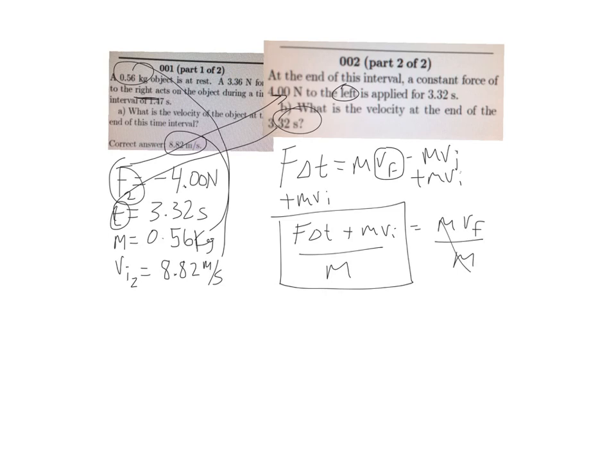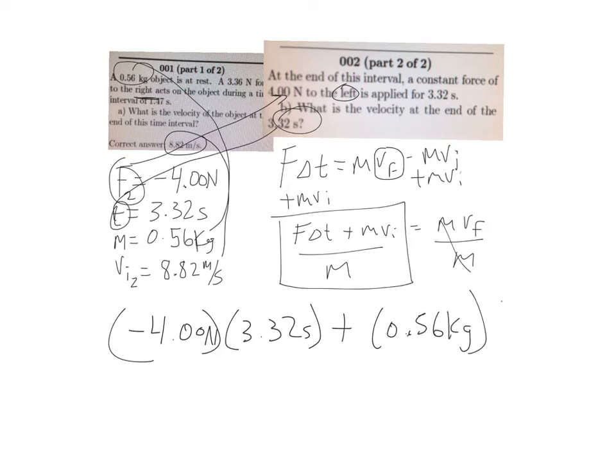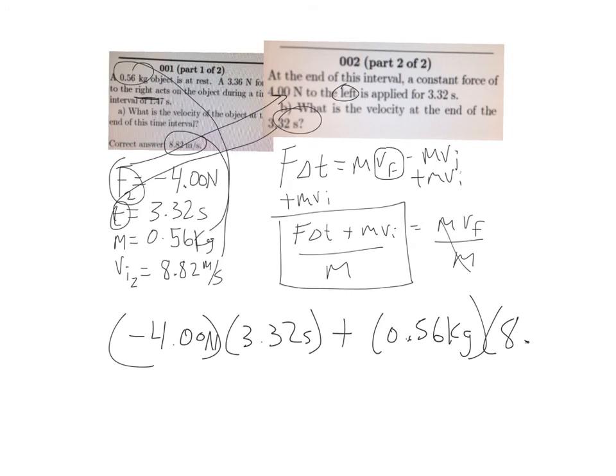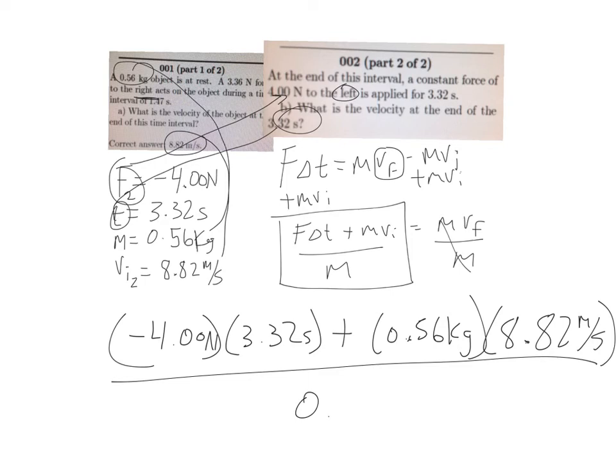I'm going to plug my numbers in, and then we will have negative 4.00 newtons times 3.32 seconds, plus 0.56 kilograms times 8.82 meters per second, divided by 0.56 kilograms. Pretty straightforward.